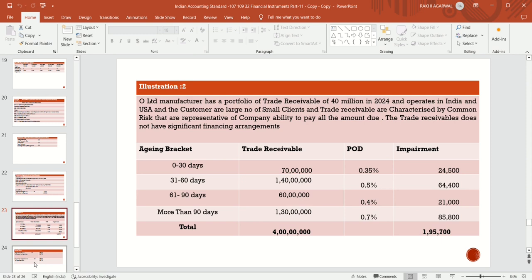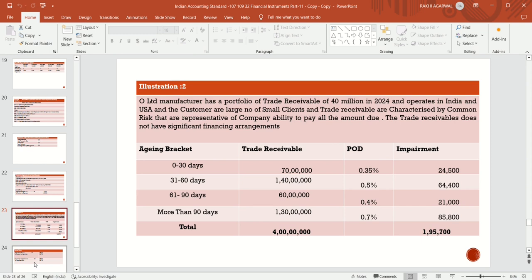In the aging bracket 31 to 60, there is a trade receivable of 1 crore 40 lakhs. The probability of default is 0.5%, and the impairment loss is 1 crore 40 lakhs into 0.5%, which becomes 64,400.